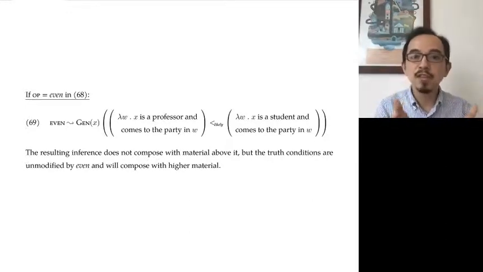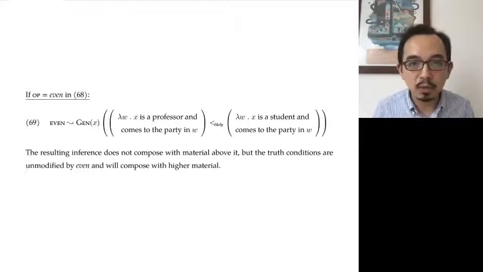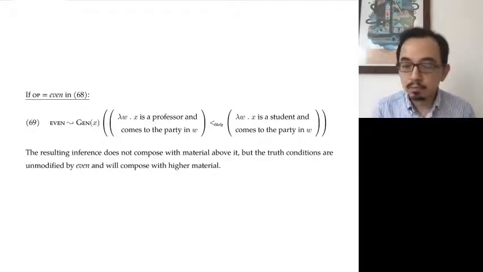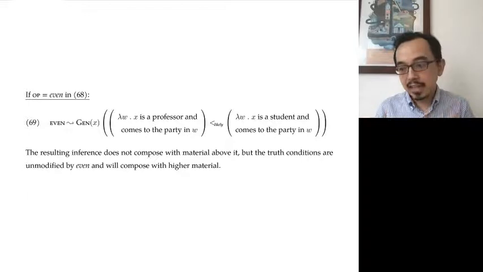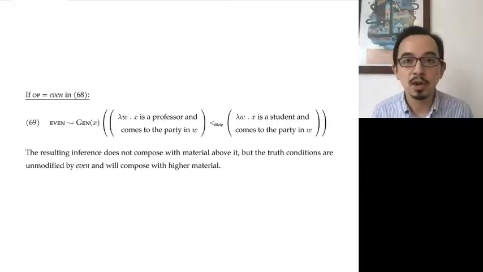That's the professor x comes to the party, unpacking its presupposition. That is less likely than the proposition that x is a student and comes to the party. So what does that mean? We're going to quantify over different individuals relevant in the domain and say for all of them or almost all of them, it is less likely that they are a professor and come to the party than that they are a student and come to the party.